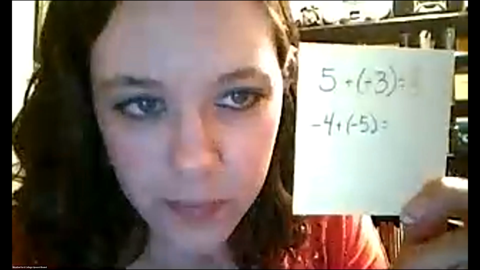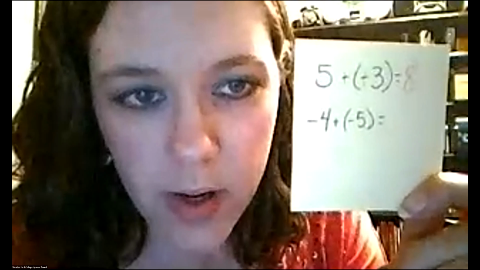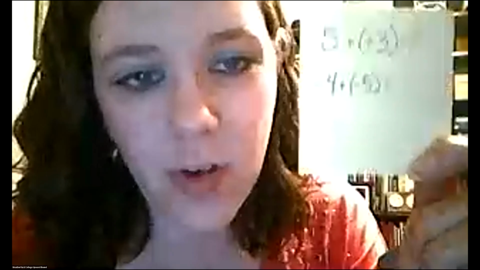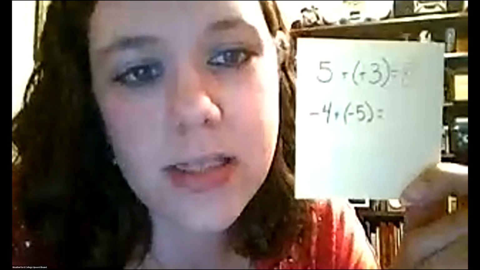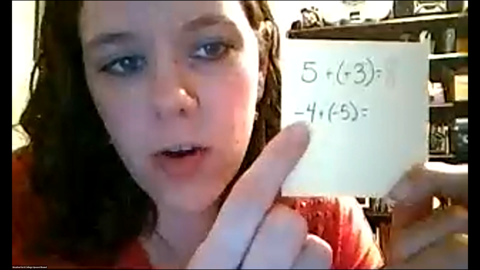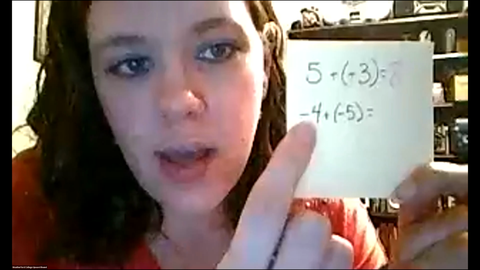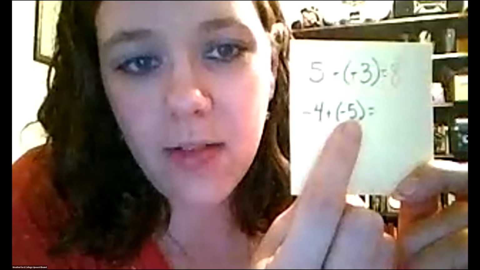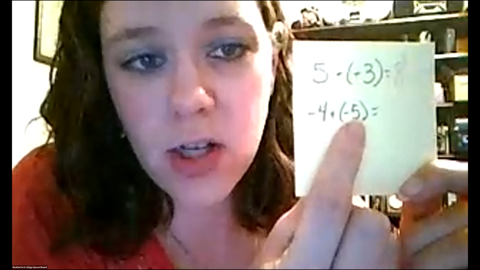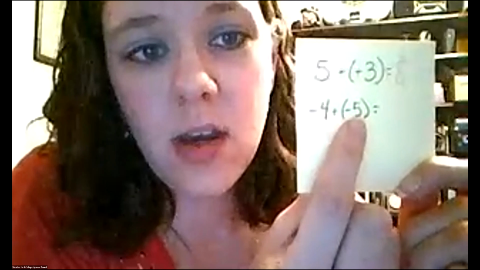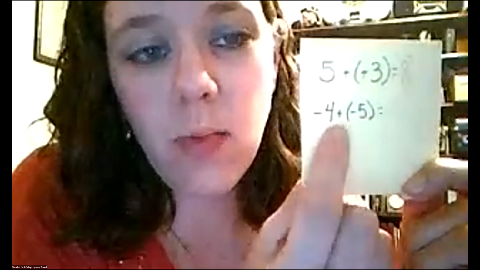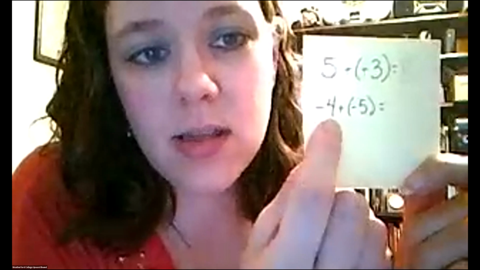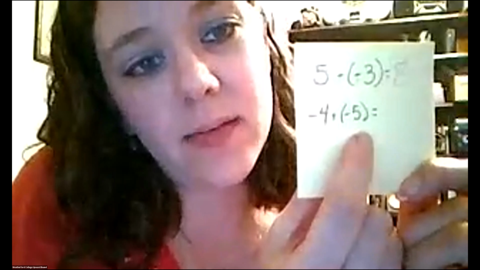If you're thinking about your bank account, you could say that your account is overdrawn by $4. And when you're adding a -5, you're adding another charge on your debit card of $5. So now your account's going to be even more overdrawn. Now it's going to be at -9.